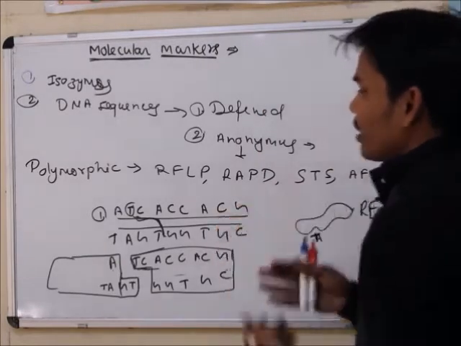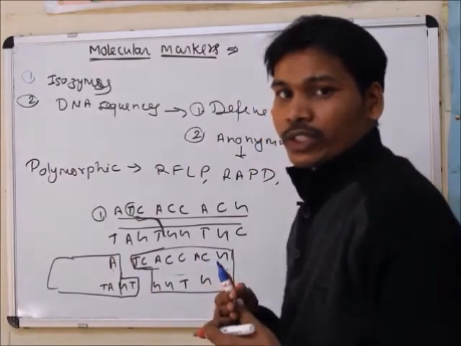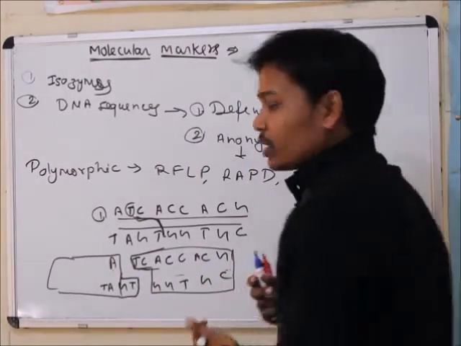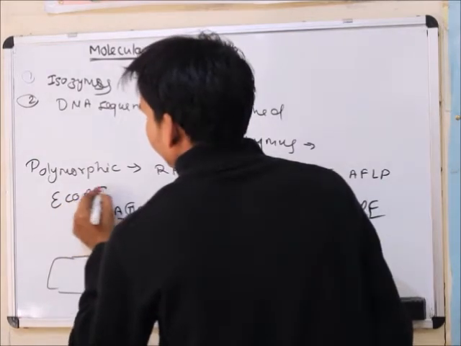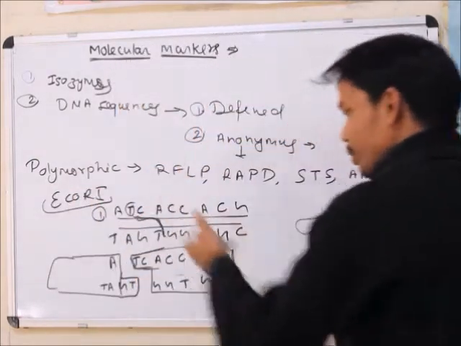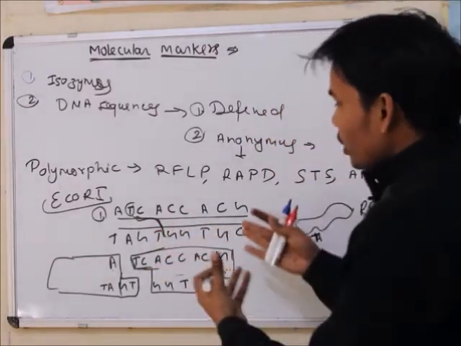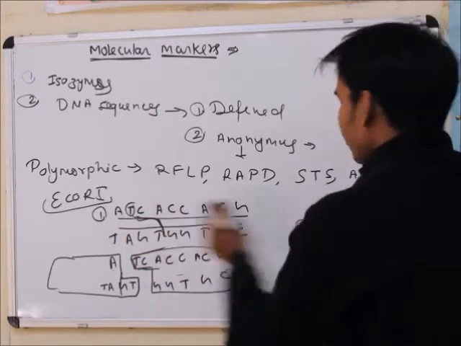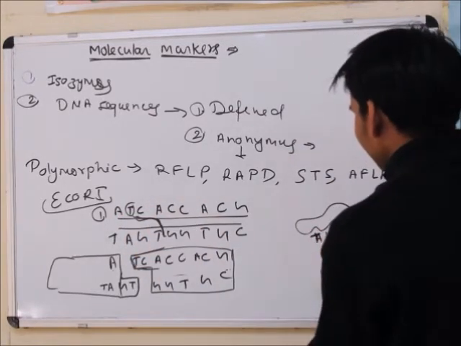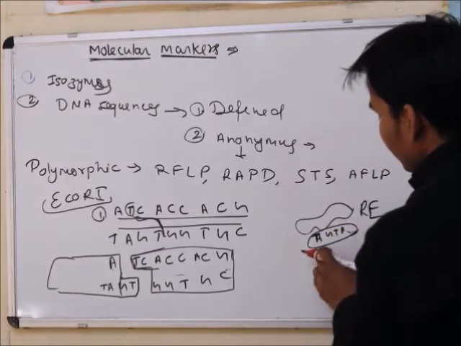Suppose EcoRI: many different types of restriction endonucleases have been identified. So we are taking EcoRI, a restriction endonuclease that cuts at specific positions in my sequence, in our genomic DNA, where the TGTAC sequence, a four-base sequence, is recognized, AGTA.